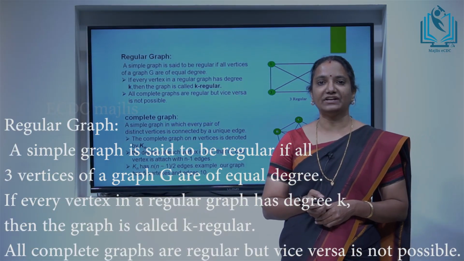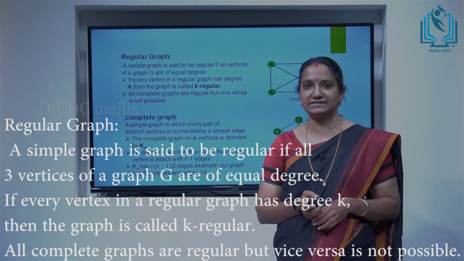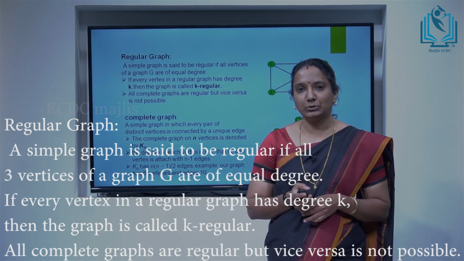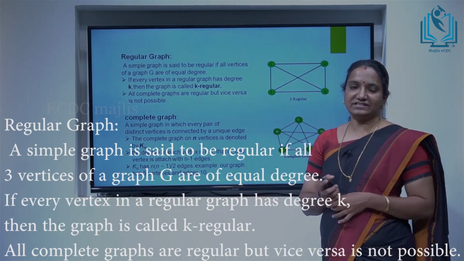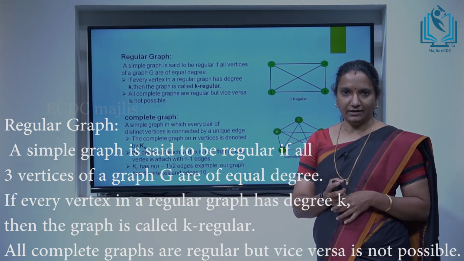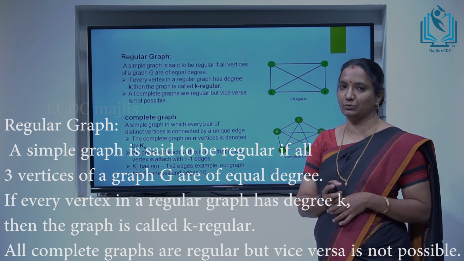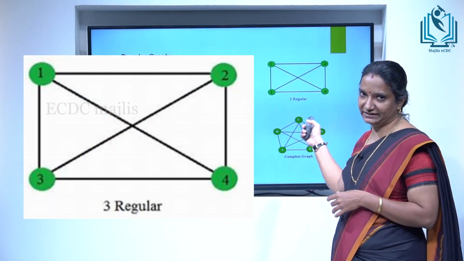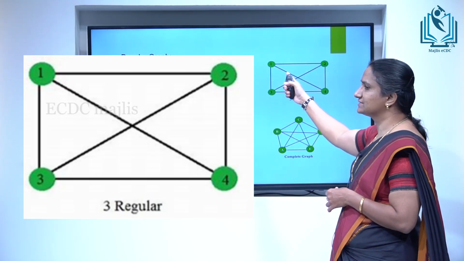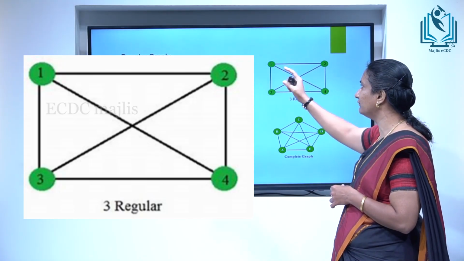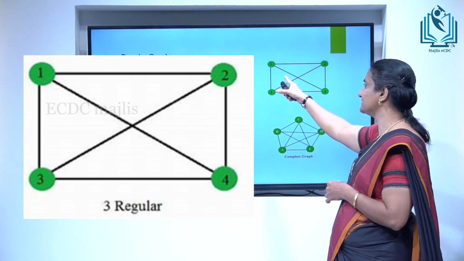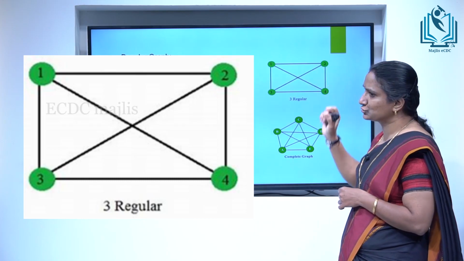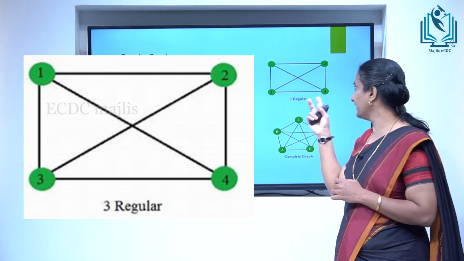Next, regular graph. A simple graph in which each vertex has the same degree is called a regular graph. If every vertex in a regular graph has degree k, then it is denoted by k-regular. For example, in our graph there are 4 vertices. If we take vertex 1, the degree of the vertex is 3. The degree of vertex 2 is also 3.